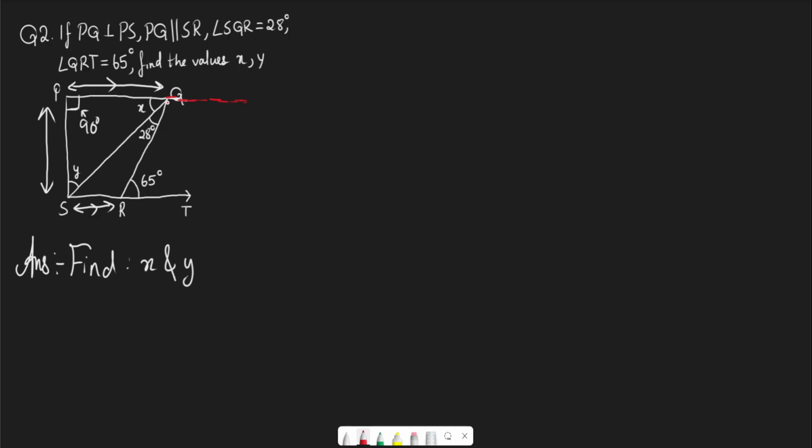Let's put some letters here, F and E. So you see that the line FE is the transversal that passes through the parallel lines PQ and SR, and the line segment QR is also part of the transversal, and that means angle PQR is equal to 65 degrees because of alternating angles.